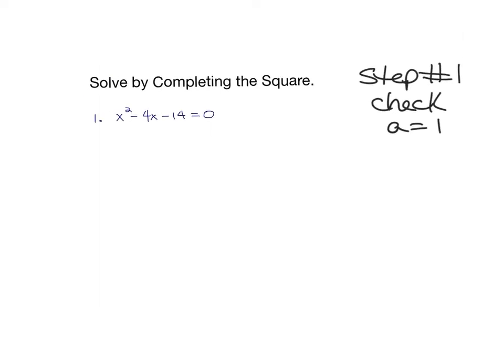Now, if you recall, standard form for our quadratics is ax squared plus bx plus c equals 0. So when they're talking about the a and the b in the steps, this is the a that they're referring to. In all of our examples today, the number in front of x squared is 1, so we're just going to go to step 2.